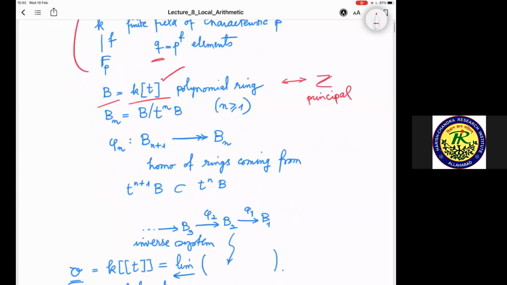So let us denote by Bn the quotient of B. I'm calling it B just in order to save space. The correct name is K[T].